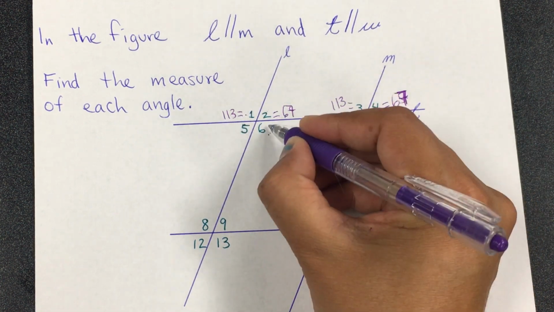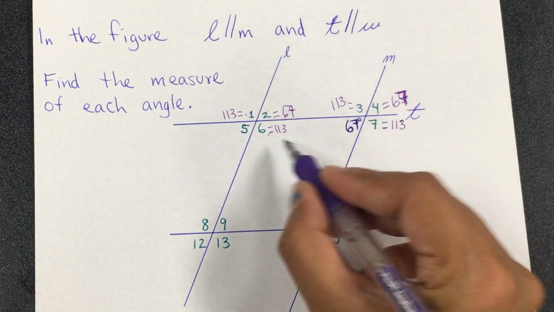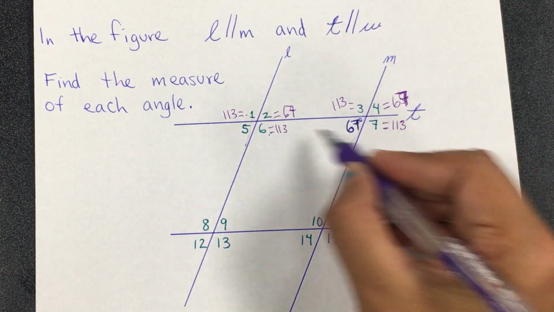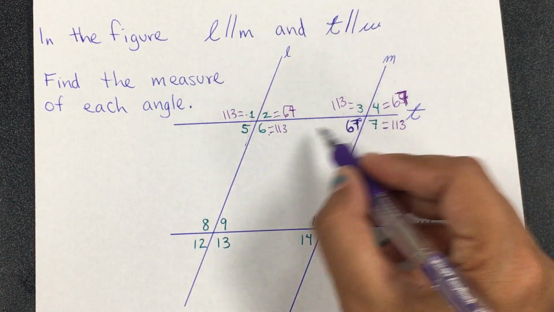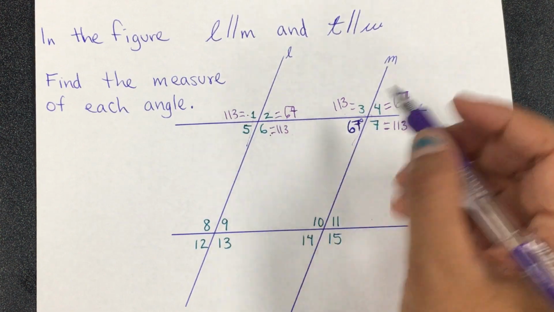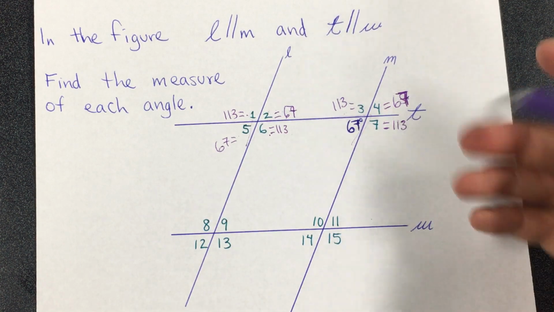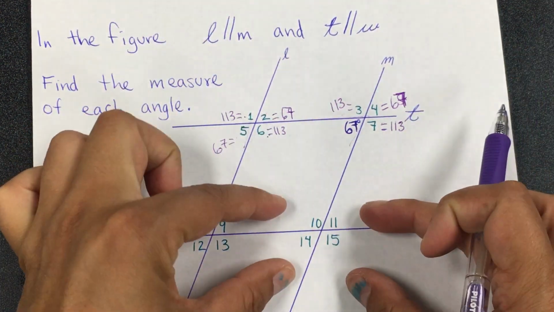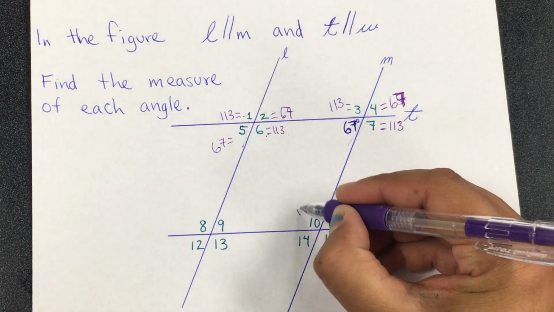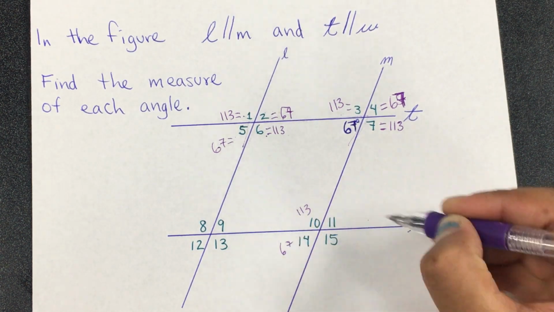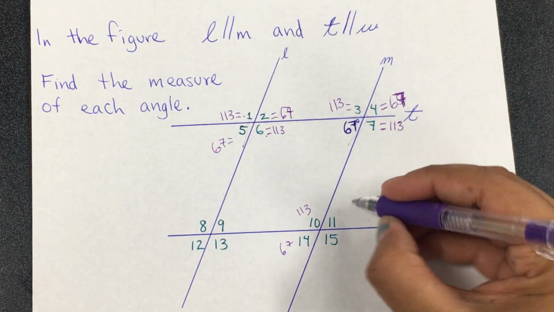Vertical angles is 113. These are same side interior angles, so they should add up to 180. Vertical angles, 67. And so basically, again, you just copy this exactly the way it is. 113, 67, 67.